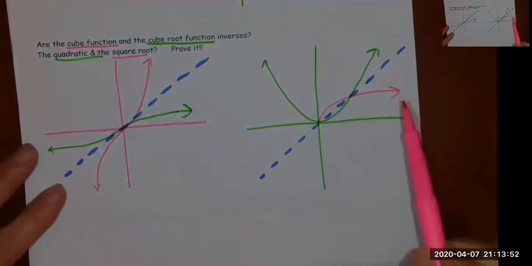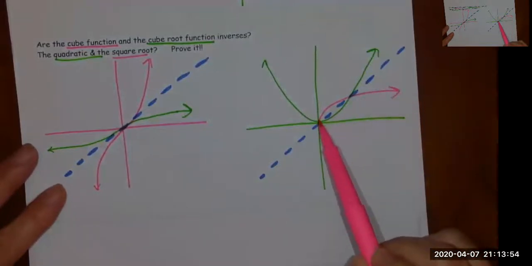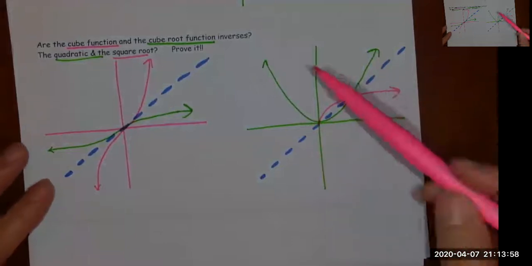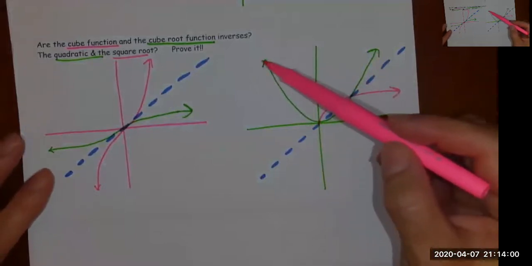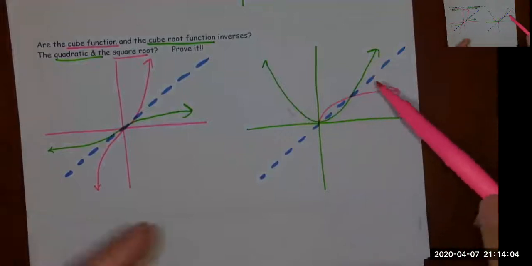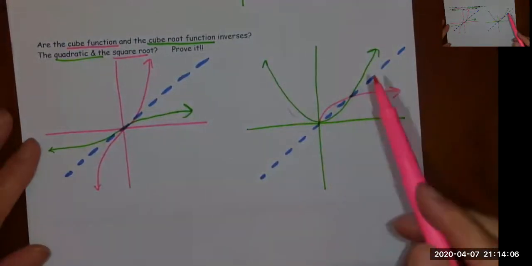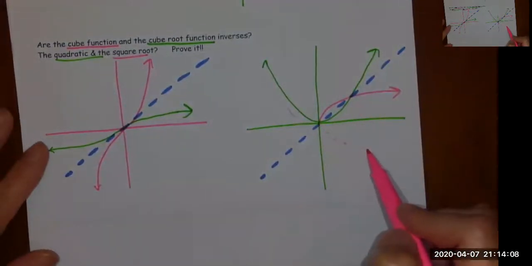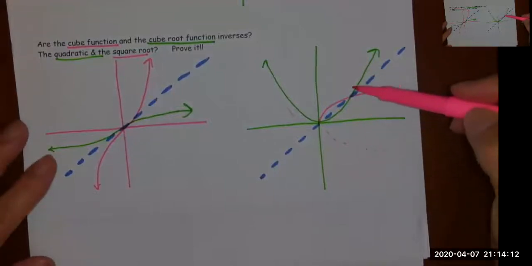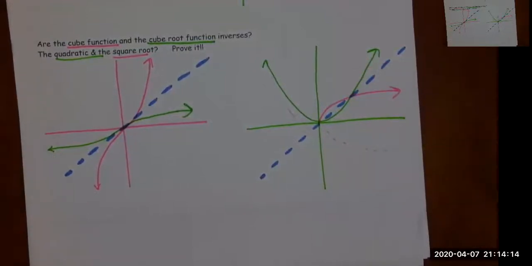If we only used this one and this one, it would work, but a quadratic has both sides. So if we were to flip it, we would have to have that, but then this would fail the vertical line test and it would not be a function. So that's no good.